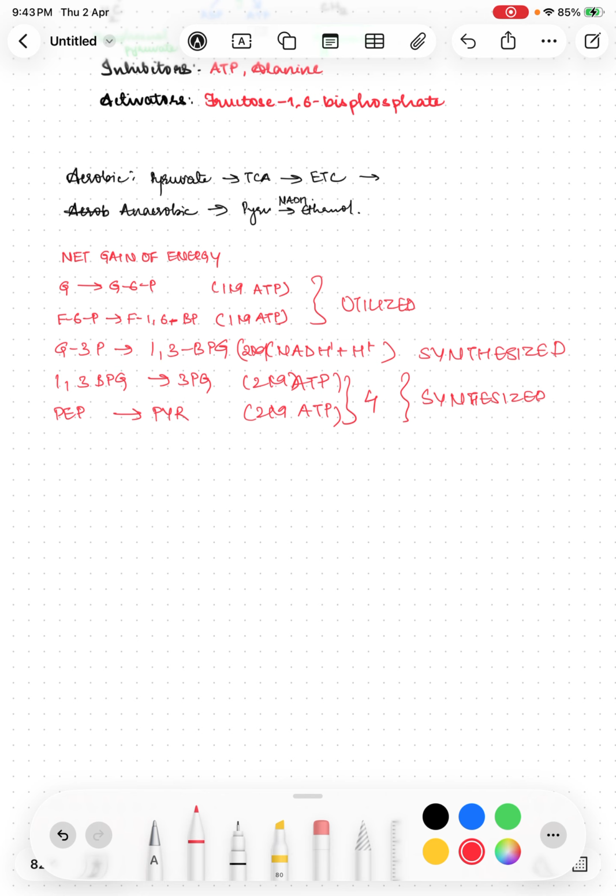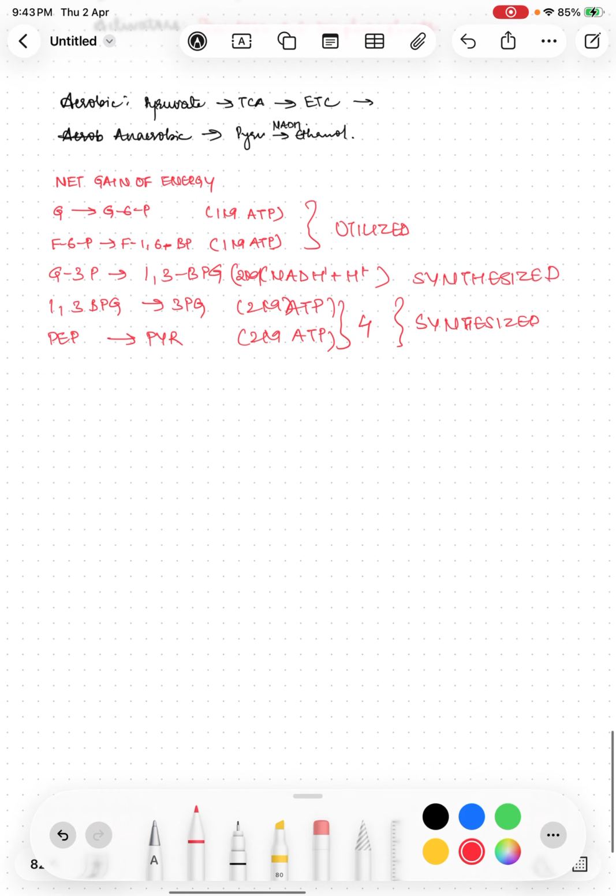Now when we calculate the net gain of energy, we have ultimately got 2 molecules of ATP and 2 molecules of NADH.